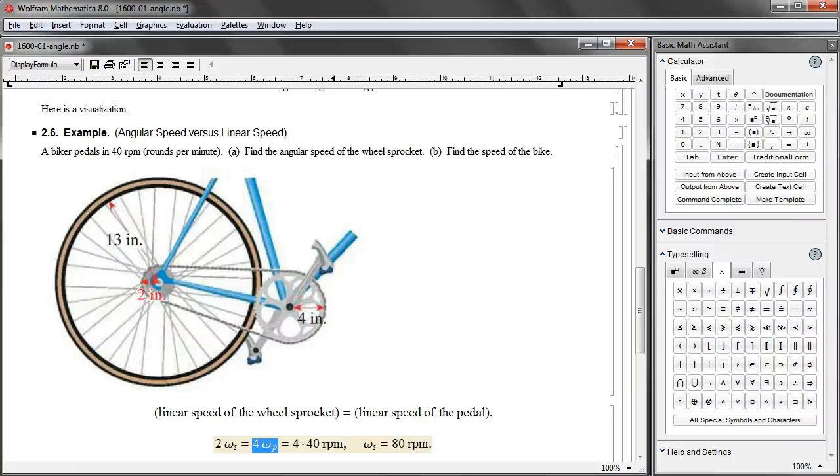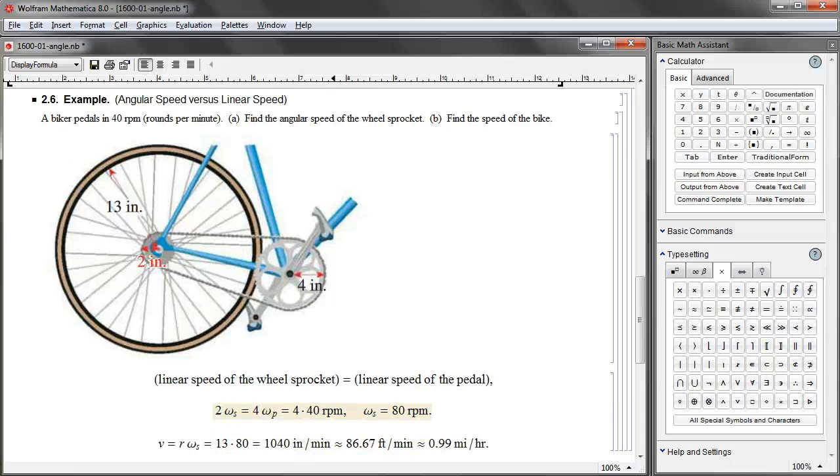So 2 omega is equal to 4 omega, where the first omega is for the sprocket and the second one is for the pedal. And the second one for the pedal is 4 times 40 RPM. So you can find out the angular speed of the wheel sprocket is 80 RPM. It fits your common sense, by the way: pedal is twice as large as wheel sprocket, so wheel sprocket must turn twice as fast.